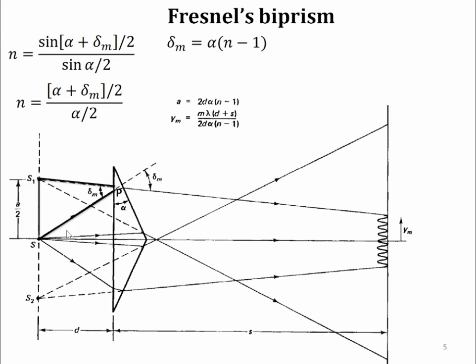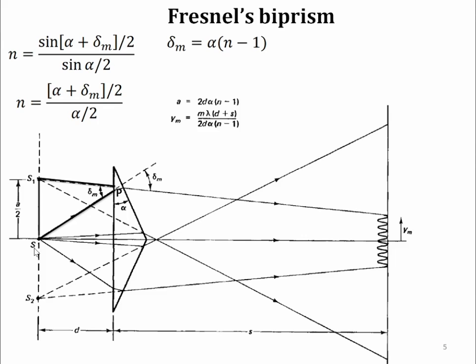What happens in a convex lens: if we have light coming from a point source, that will go like this, and this ray will go parallel to the axis through the center of the lens. If this is going parallel to this axis, in that case this angle is almost 90 degrees. And if this is delta m, the angle of minimum deviation, this will be the opposite angle, and of course is also delta m.